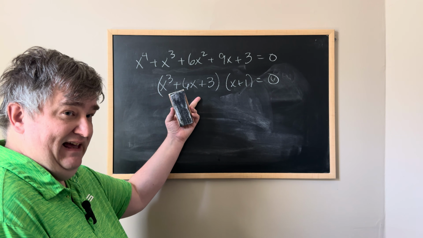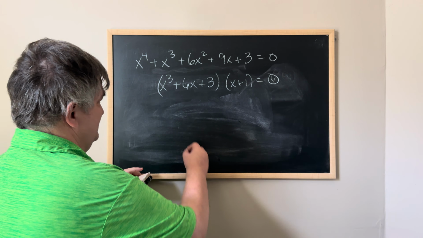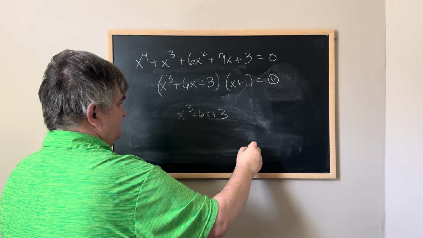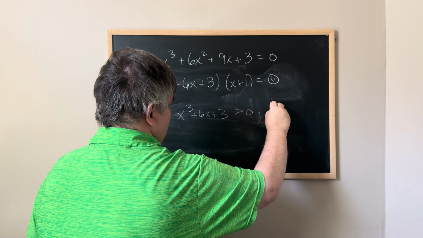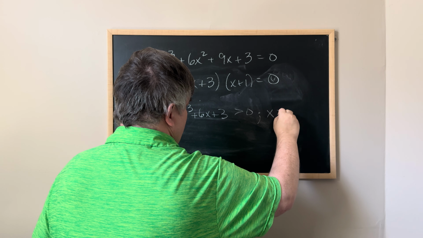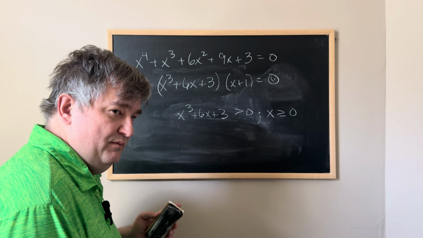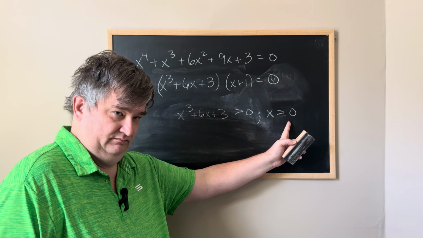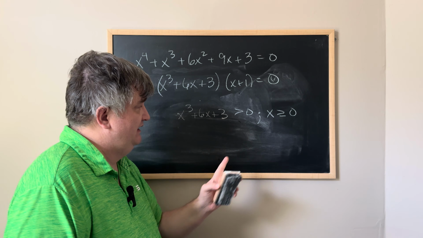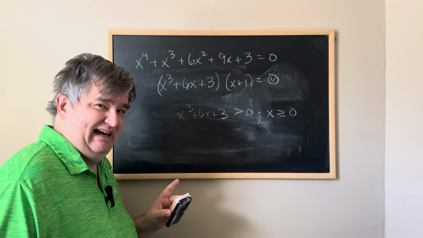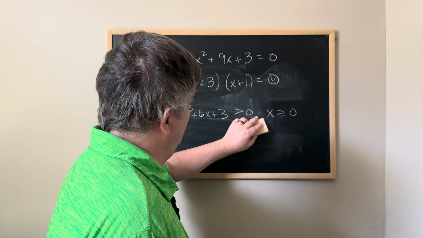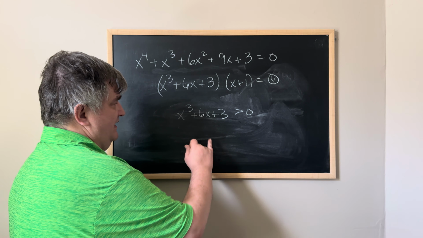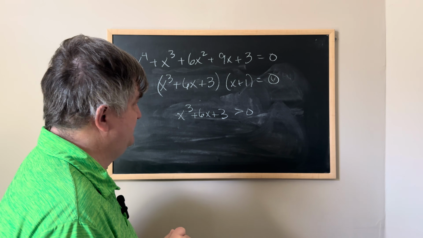So now we need to look at this. Once again, let's isolate this. Same property. When x is greater than or equal to 0, it will be greater than 0. So once again, we know it's a negative number. So you have no rational roots. Same concept.